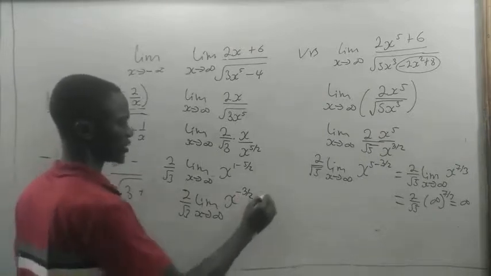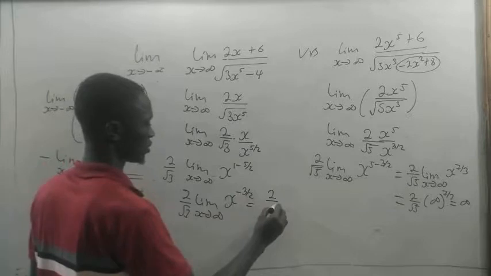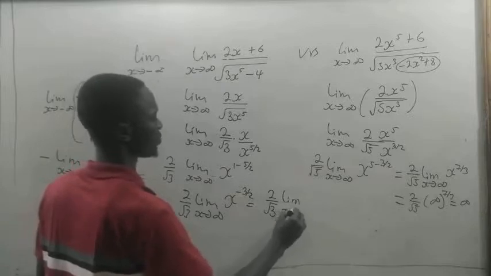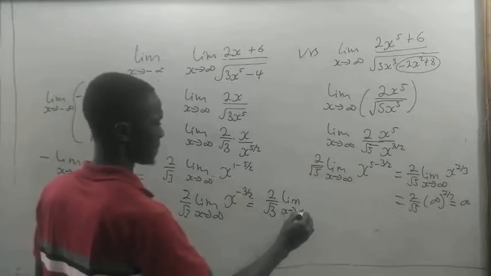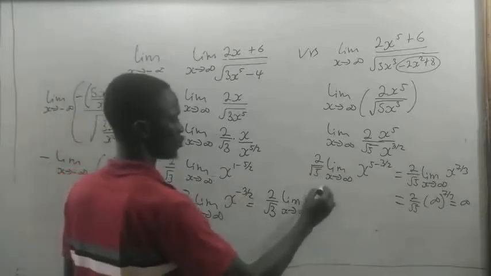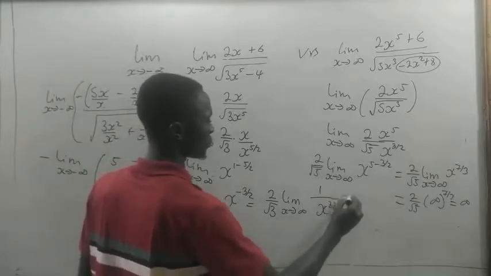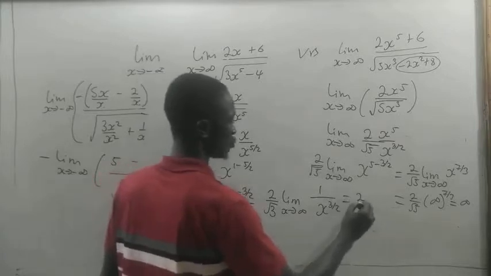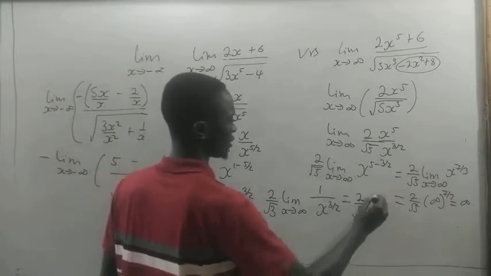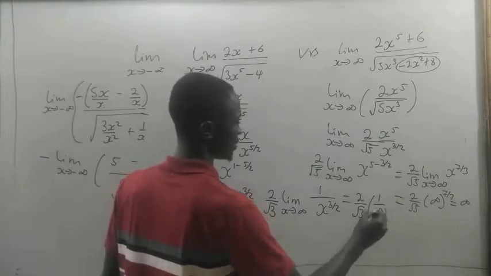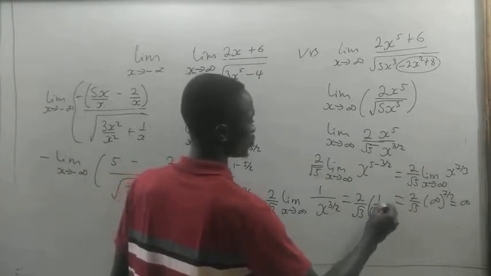So this will give us 2 on root 3 times the limit as x approaches infinity. This one will be 1 divided by x to the power 3 on 2. And we have 2 on root 3 times 1 divided by infinity exponent 3 on 2.